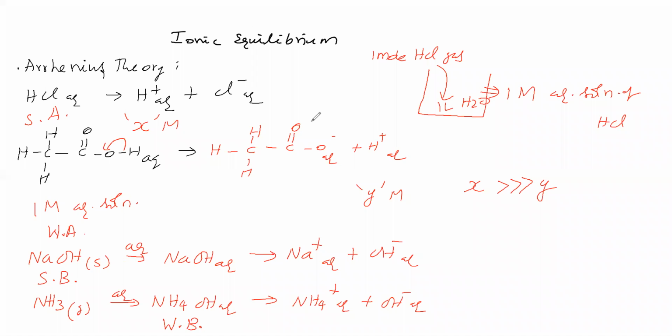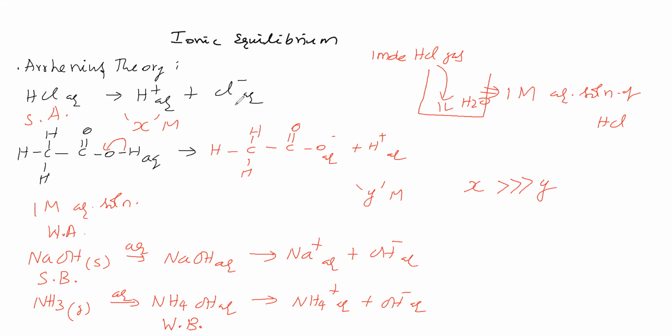Can we say that all substances dissolve in water? No. Of course, most substances dissolve in water, but we cannot say all substances dissolve in water. Then Arrhenius theory says the substance is acid if it gives H plus to water.